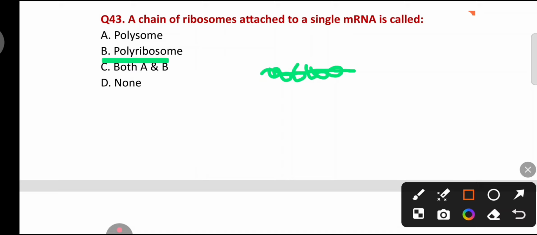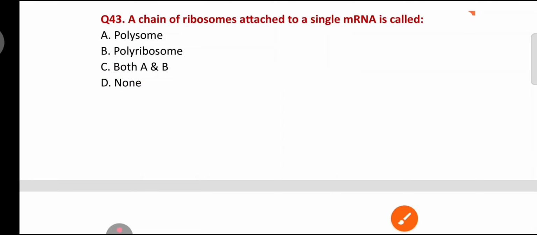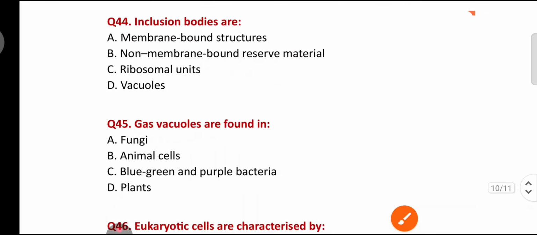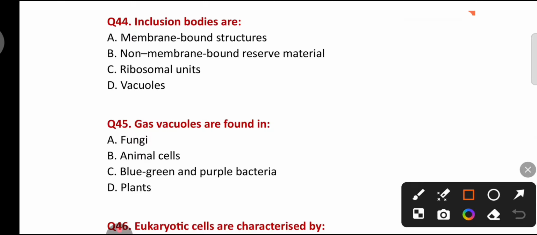Here both A and B are correct. Inclusion bodies are membrane-bound structures, non-membrane-bound reserve materials, ribosomal units, vacuoles. Non-membrane-bound reserve materials.